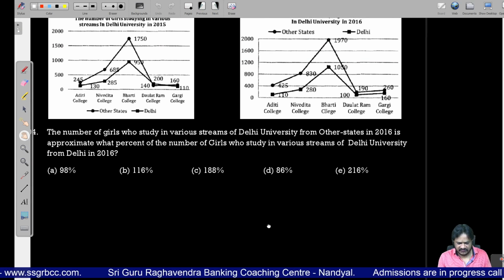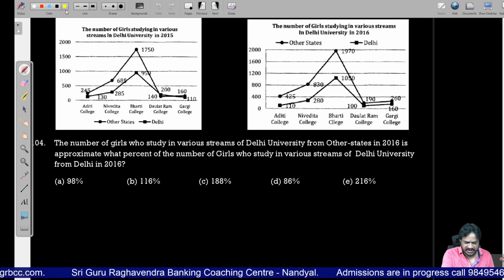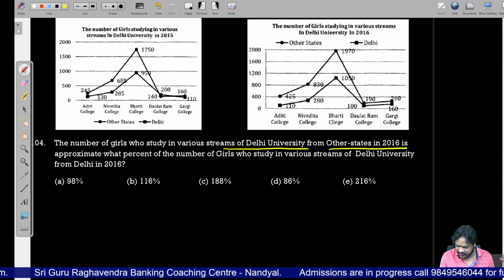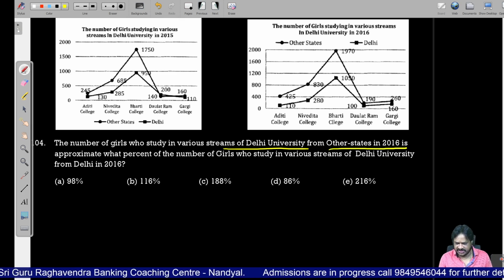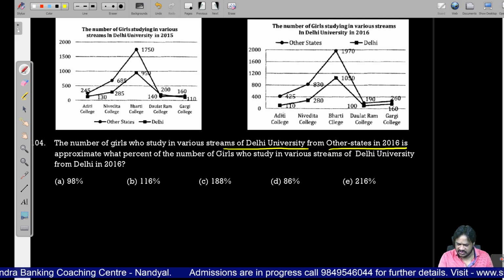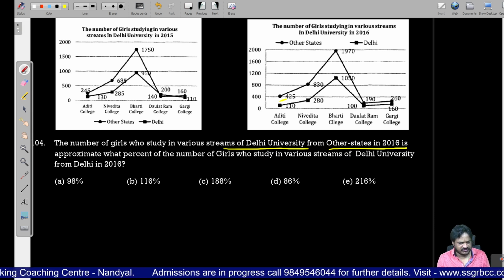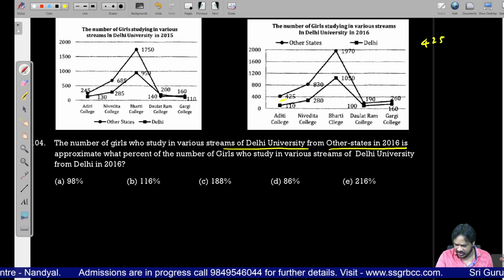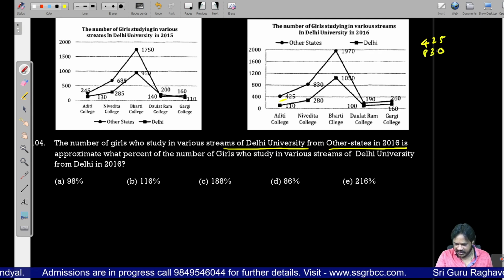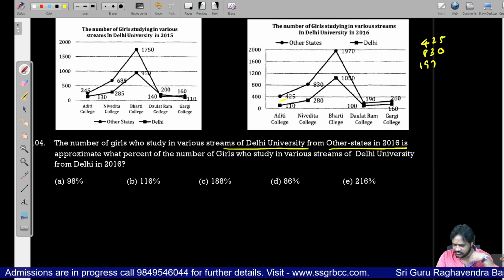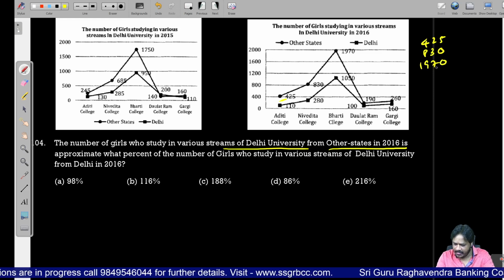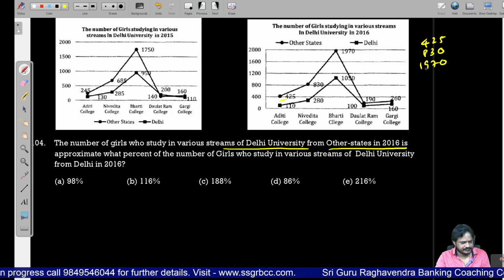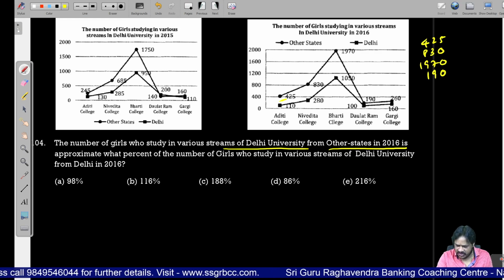The number of girls who study in various streams of Delhi University from other states in 2016. The other states in 2016 means all these values, these are the values we should add: 425, 830, 1970, then 190.